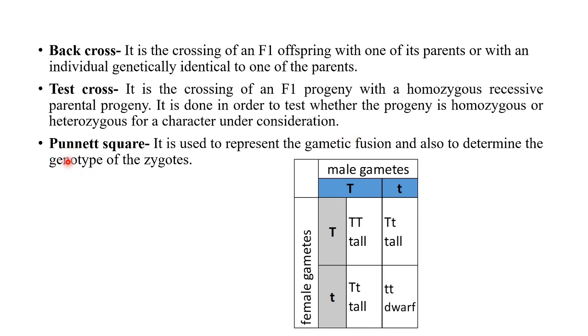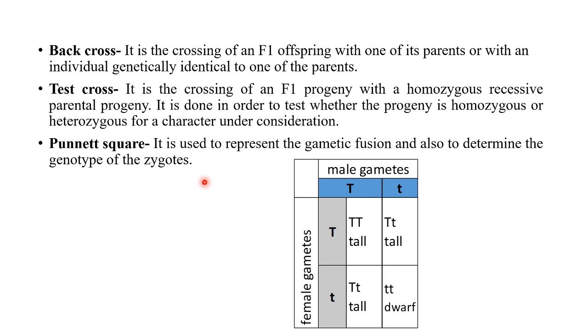Next one is the Punnett square or checkerboard. It was devised by R.C. Punnett, and it is used to represent the gametic fusion and also to determine the genotype of the zygotes.